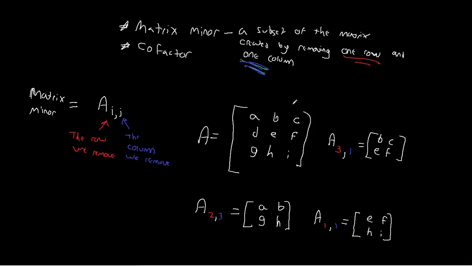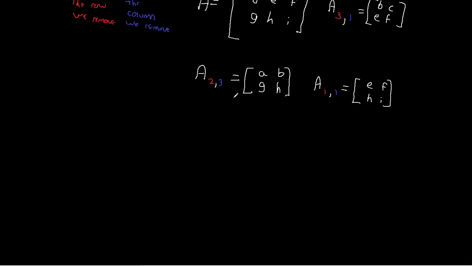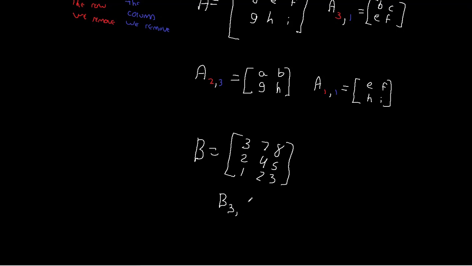Let's do one last example with actual numbers. I'm going to scroll down a little bit here. I'm going to define B as the matrix 3, 7, 8, 2, 4, 5, 1, 2, 3. All right, and let's take the matrix minor of B with I equal to 3 and J equal to 2.